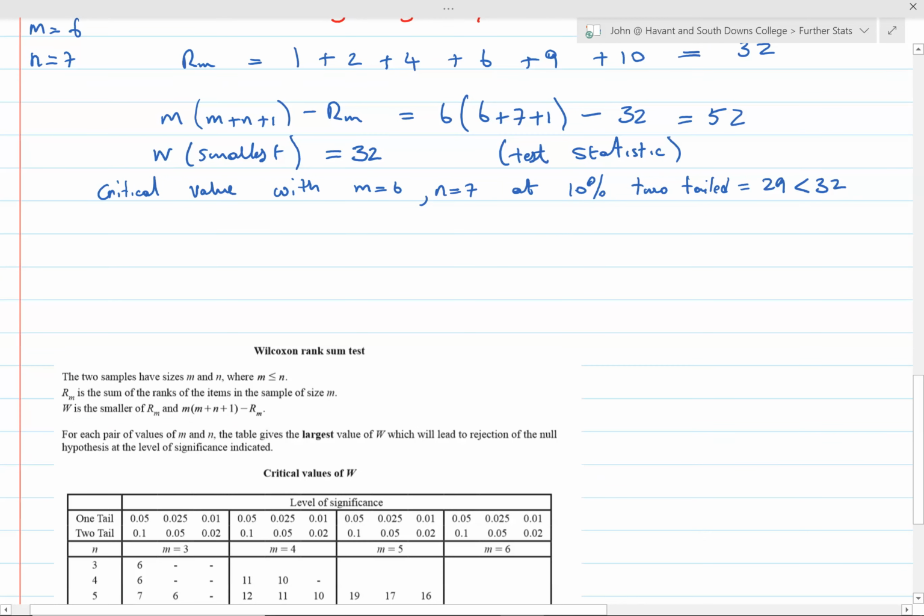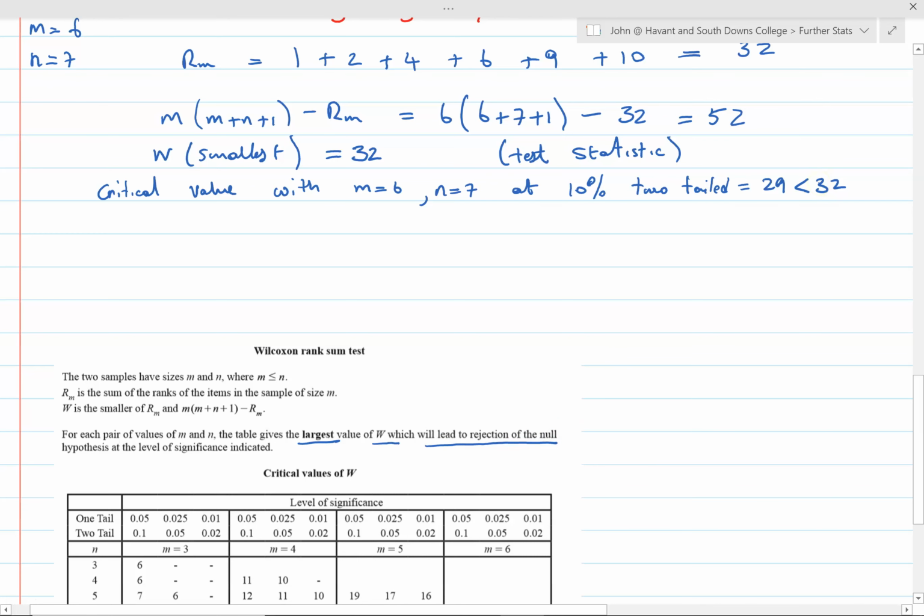Because of the nature of this, and sometimes you can forget the process, I find this so unintuitive at times, but thankfully in the formula it does say for each pair of values of M, the table gives the largest value of W which will lead to rejection of the null hypothesis. Okay, it's the largest value of W which will lead to rejection of the null hypothesis.